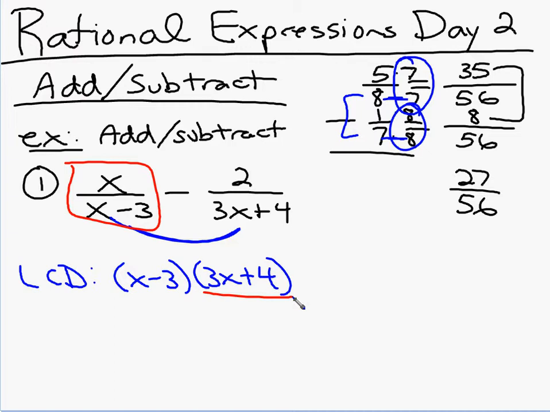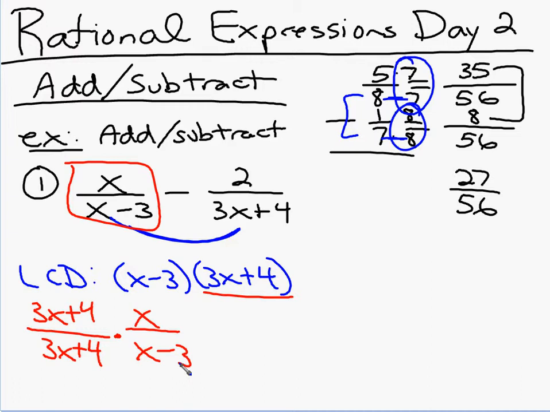So what we're going to do is multiply it by 3x plus 4 over 3x plus 4. We're going to multiply that by that first fraction, by the x over x minus 3. Because that's the piece of the least common denominator it doesn't have.